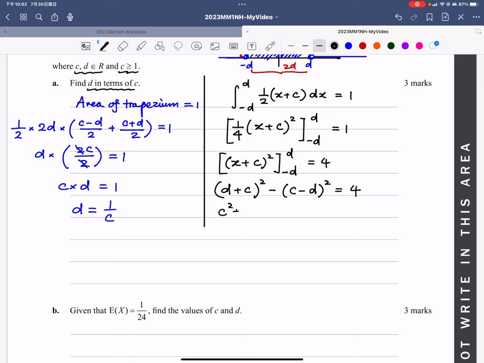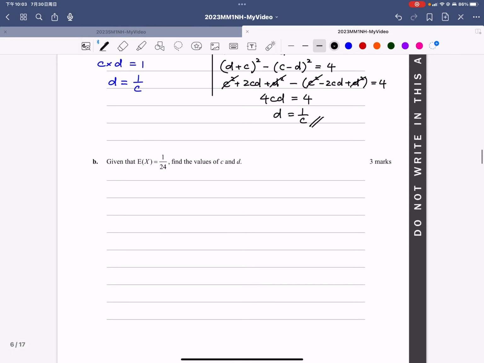So c squared plus 2cd plus d squared minus c squared plus 2cd minus d squared equals 4. Excellent. c squared, c squared, d squared, d squared, they subtracted and cancelled. So I have 4cd equals 4. Well, d is 1 over c. Yep.